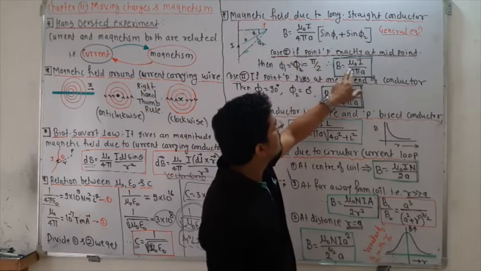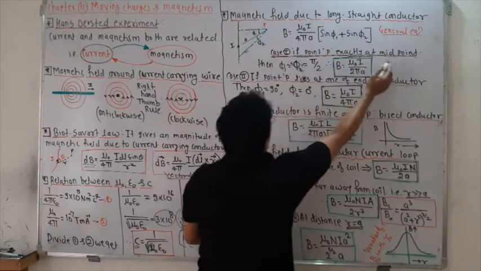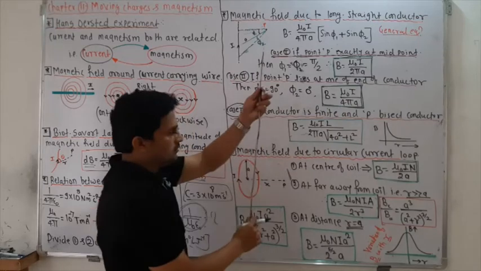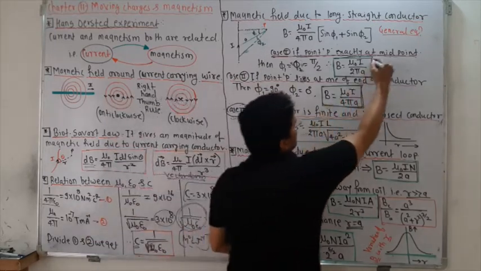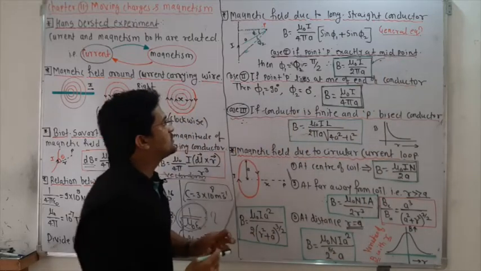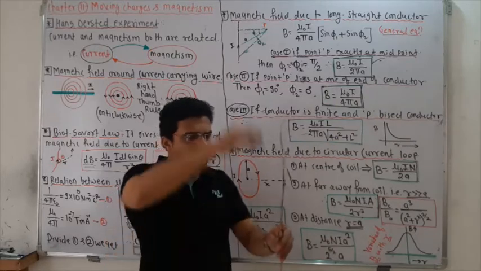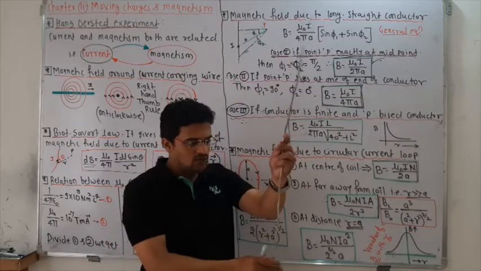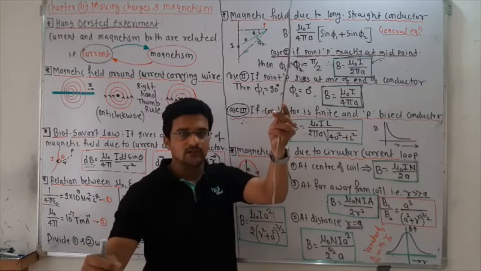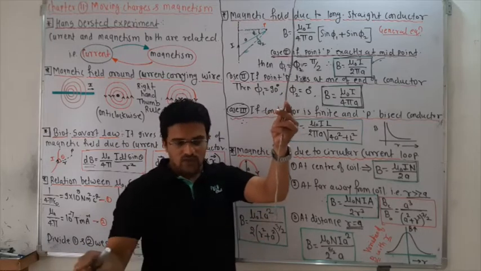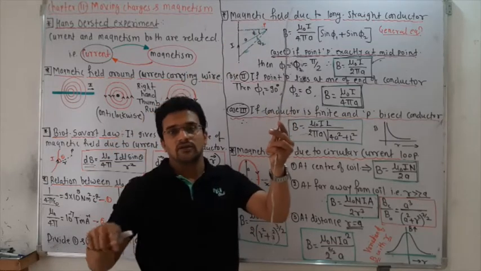So this is case 1, if the point P lies exactly at the midpoint of the conductor, then the equation will be this one. Next, if the point P lies at one end of the infinite conductor, suppose the point lies somewhere here at one end, it makes 90 degrees on one side and 0 degrees on the other.